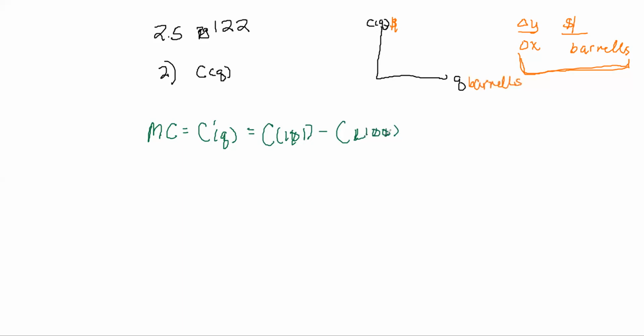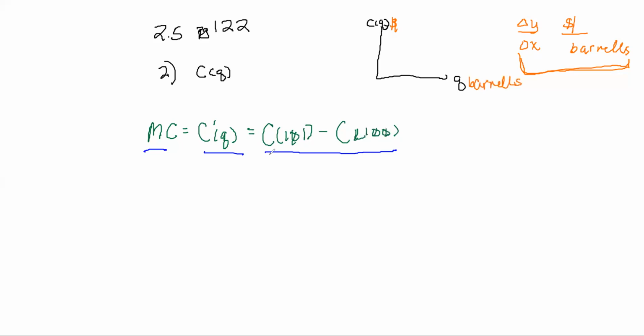So we have to think about it in terms of derivative. And it's important, especially for this section, to link these things. So marginal cost is C prime of Q, which is like the difference between the cost of one more, and we're doing this in terms of units of one.